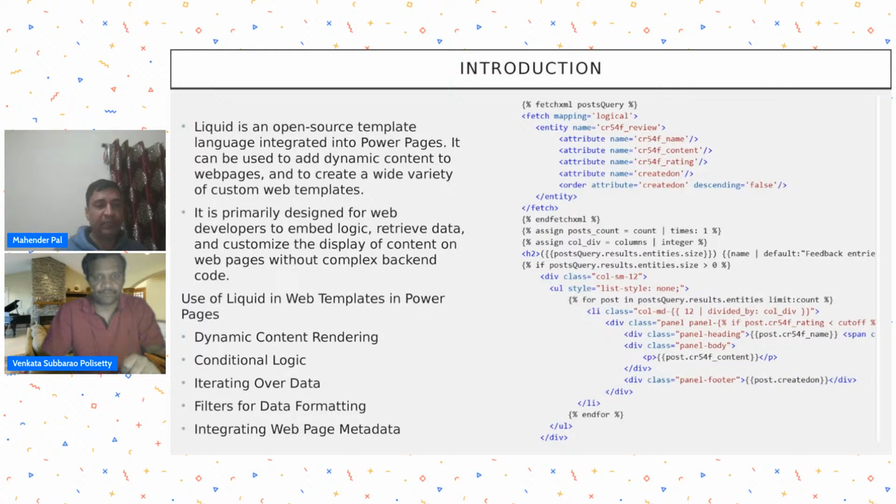We can also apply different types of filters, do data formatting, and integrate web page metadata, like a page object. So if you want to know the page title, the ID of the page, or some basic properties of the page, that can be done using liquid.